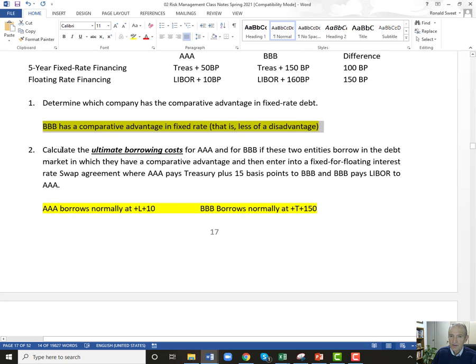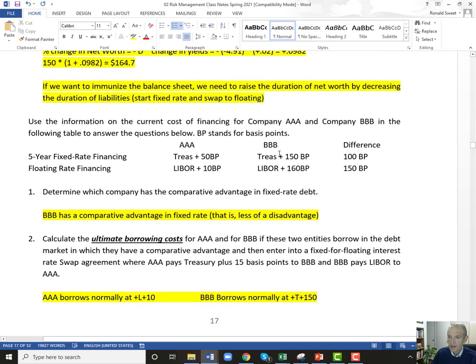So what's the ultimate borrowing cost for AAA and BBB if these two entities borrow in the markets where they have the comparative advantage? Well, BBB has the comparative advantage in fixed, so they're going to borrow at T plus 150. AAA has the comparative advantage in floating, so they'll borrow at L plus 10.